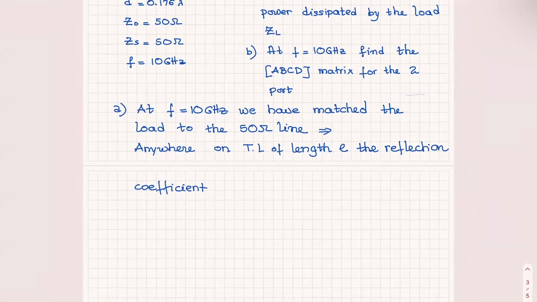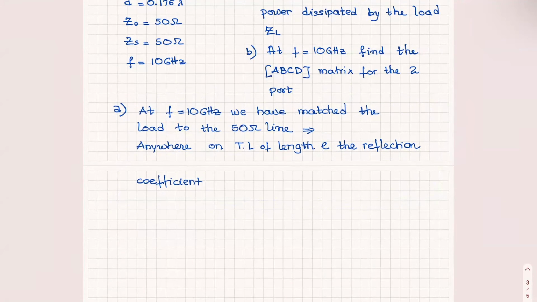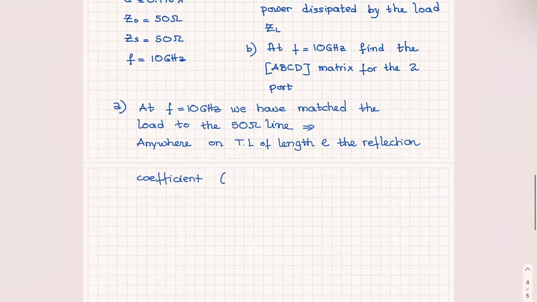Okay, and as a result, it's 0 everywhere on the transmission line. All right, so gamma at CC prime is 0, which means that the magnitude of the reflection coefficient is 0 anywhere on the line.